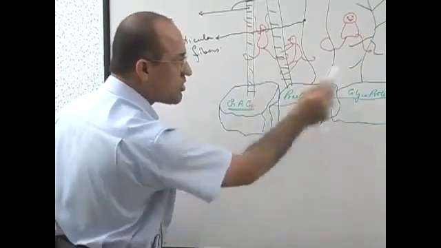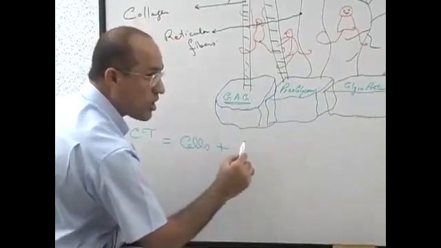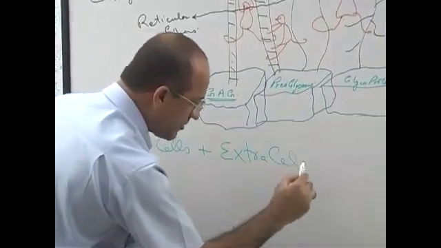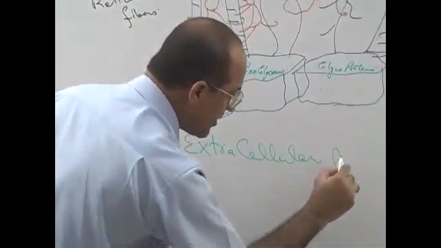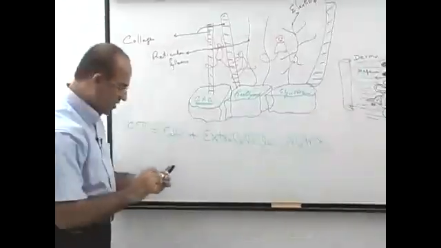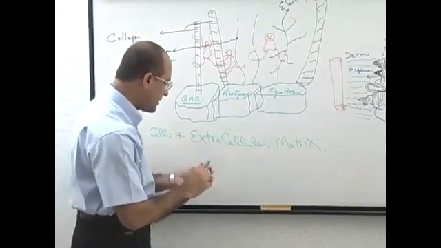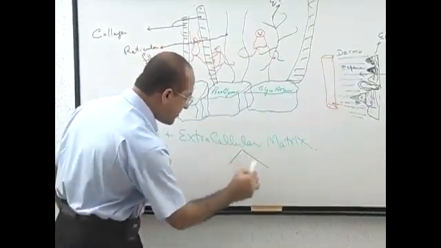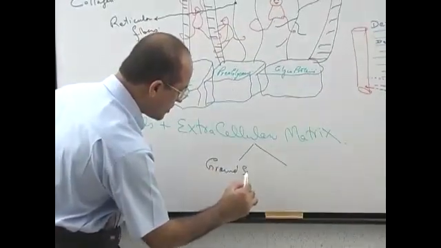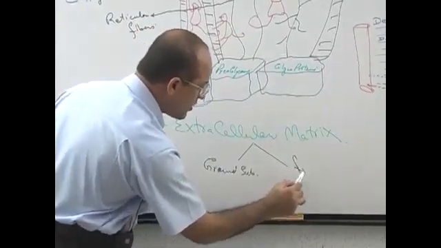So all material which is outside the cell is also called extracellular matrix. And of course extracellular matrix has two components. You already know there are ground substance and fibers.